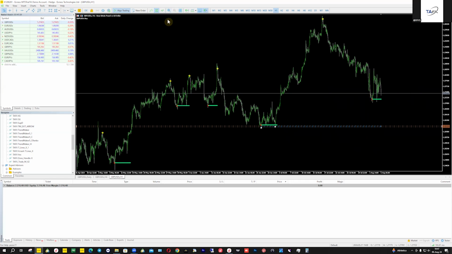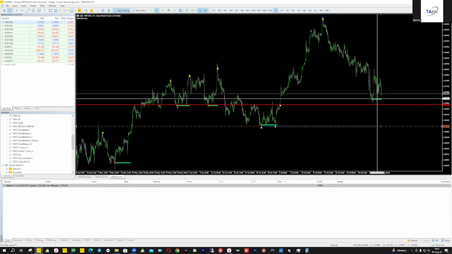And still now, since we are taking the signals in 1 hour time frame, the reason why we are picking the trades in 1 hour time frame, the stop loss will be here. All right. The stop loss will be there, because it is 30 pips from this point, all right? So it will be 30 pips from that point.